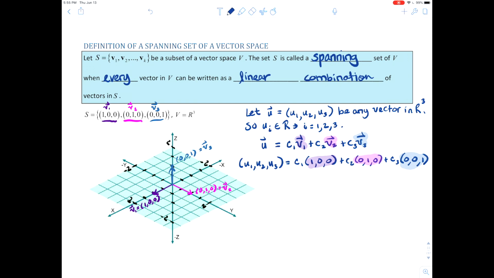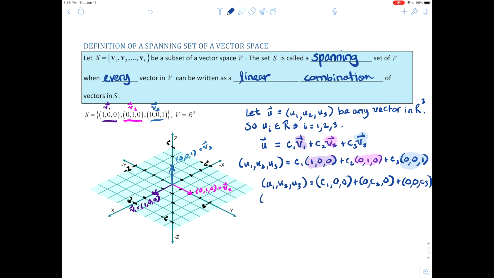Okay, so, well, what are we going to have here? Again, we'll still show all the work here. Do you see that you'd have C1, 0, 0 plus 0, C2, 0 plus 0, 0, C3 once you brought those scalars in.